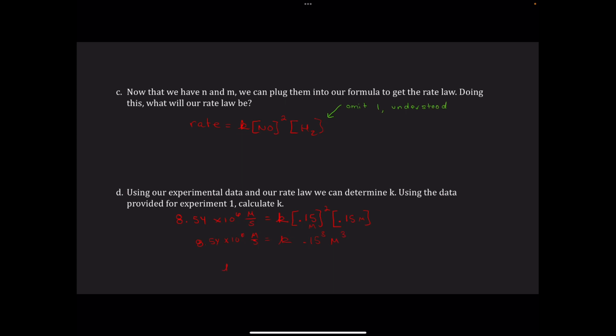And then rearranging to solve for our K, we're taking our 8.54 times 10 to the negative 6th. We're dividing it by 0.15 cubed, molarity cubed.